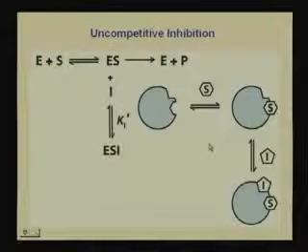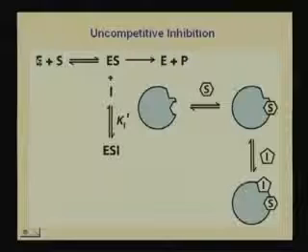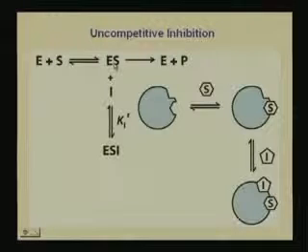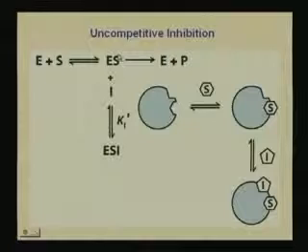Okay. Now, uncompetitive inhibition. What is uncompetitive inhibition? Uncompetitive inhibition does not react with the enzyme at all. There is no complex between the enzyme and this inhibitor. This inhibitor only reacts with the enzyme substrate complex. Okay? So, after the enzyme substrate complex is formed, will this inhibitor act?